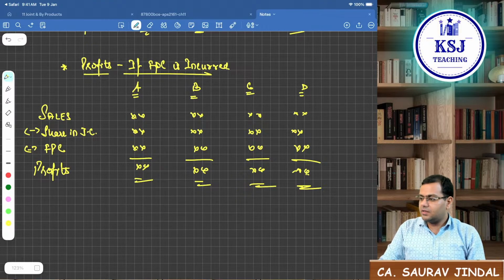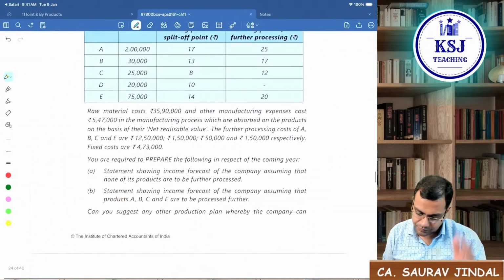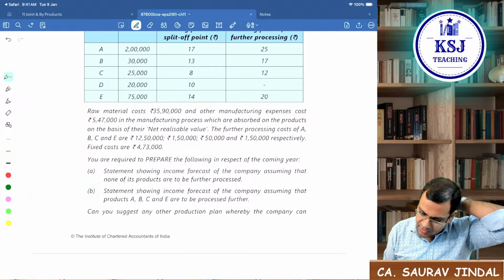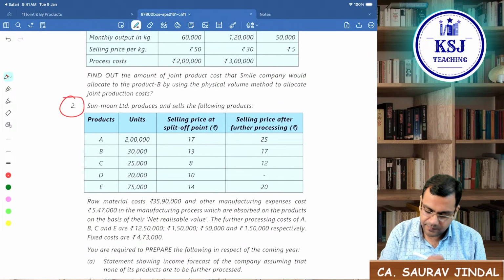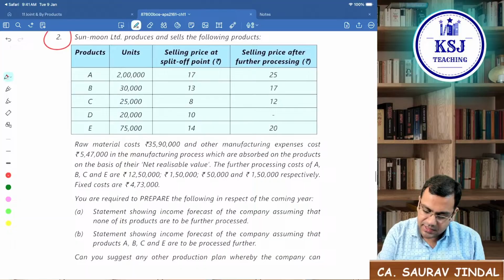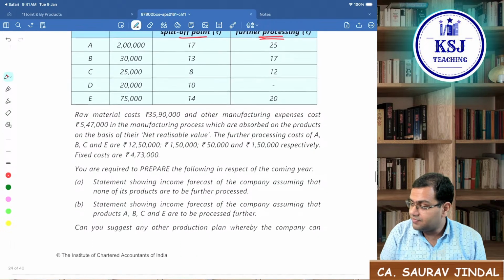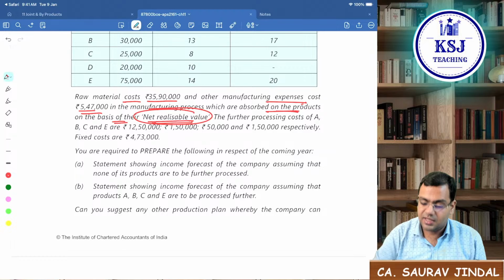Is this clear? This type of question is also there here. The second question itself is there. Sun Moon Limited produces, selling price at split off point is given, selling price after further processing is given, that is the final sales. Raw material cost this and other manufacturing cost this, which are to be absorbed on the basis of their NRV.